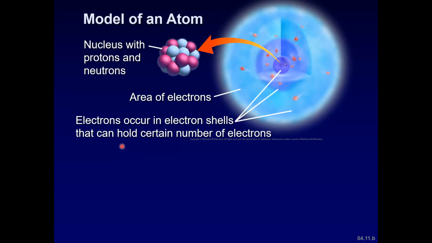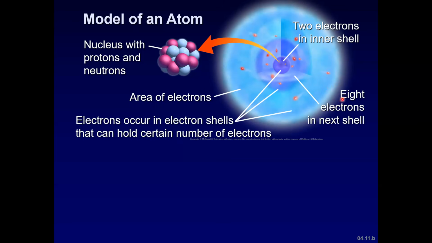Electrons occur in electron shells that can hold a certain number of electrons. So in this case, we have 2 electrons within an inner shell, and then 8 electrons in the next shell, and then 8 in the next.